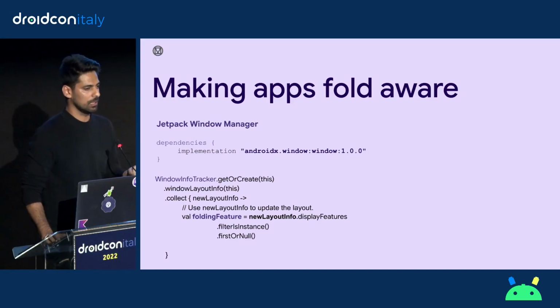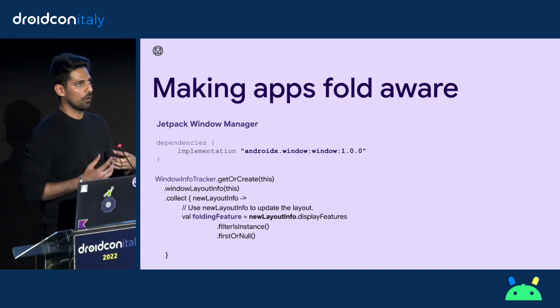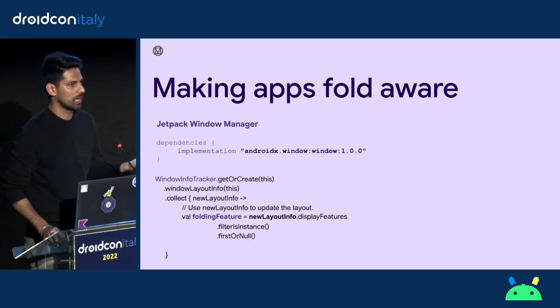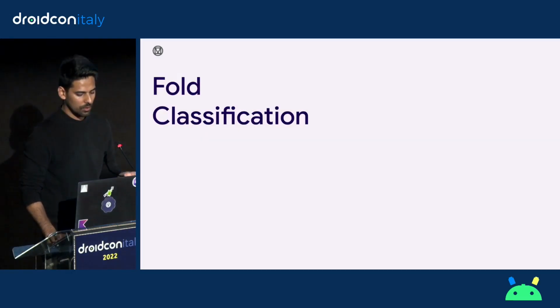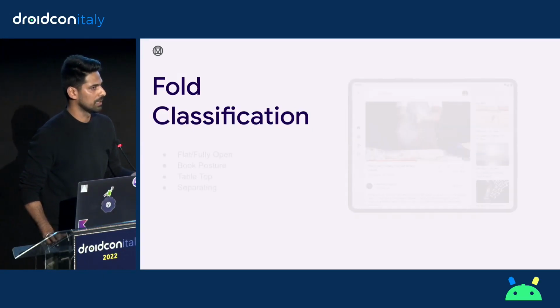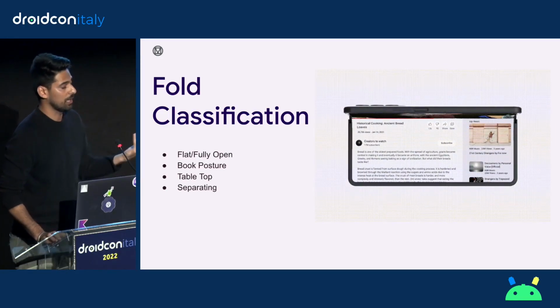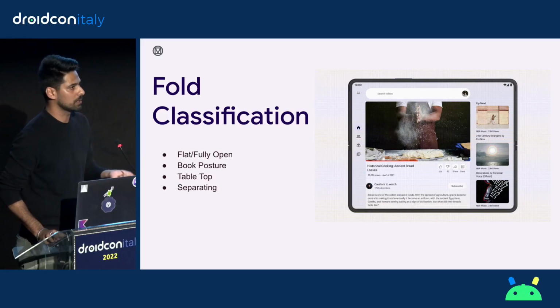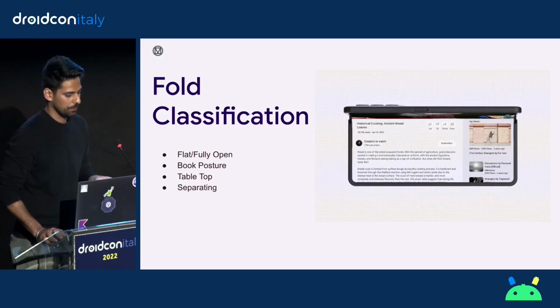But these features are still dimensions. We always have to classify them in a way so it's easy for designers and developers to work together to target this feature. So we can also classify fold into some further positions that are optimal for your apps. It's just some examples, but you can take more classifications to whatever suits your applications.